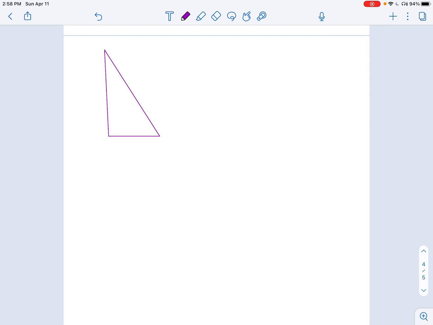Suppose I had a triangle like so, and this is x, y, z, and suppose here is triangle, I'll actually draw it this way. Here is triangle DEF.